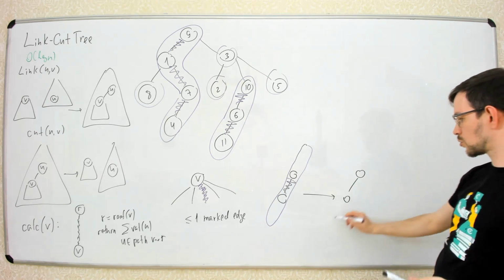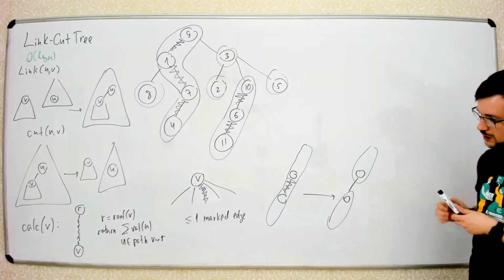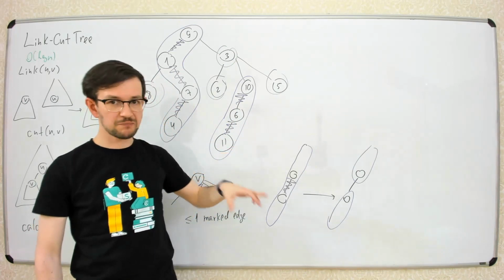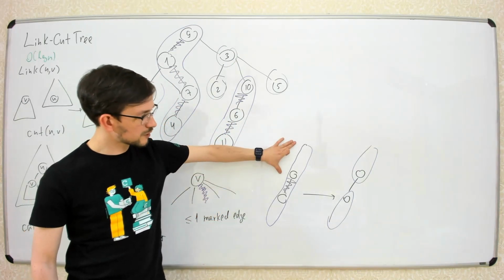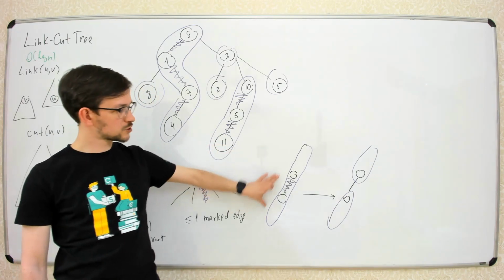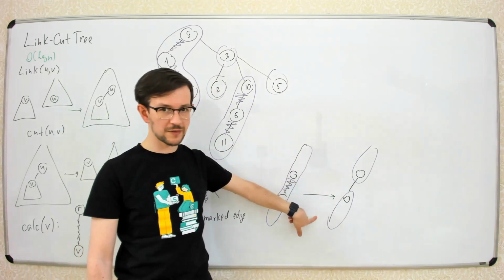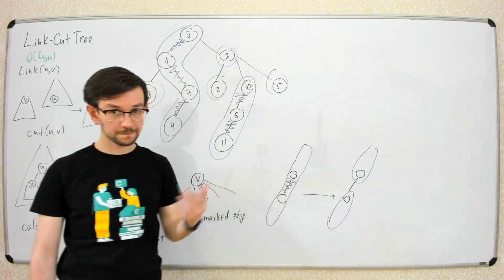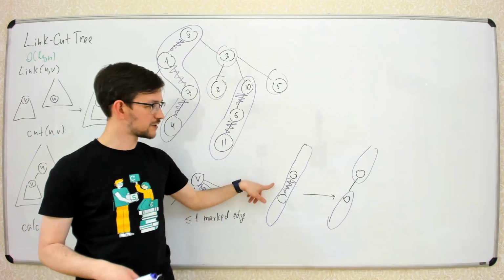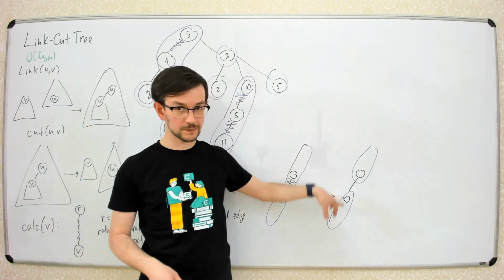Now this edge is not marked, so you have this part of your path and this part of your path. Simply, this path is split into two halves. Here you have one single path, but after you unmark this edge, you have two separate paths, the upper part and the bottom part. So it was marked, now it's unmarked, and the path containing this edge is now split into two parts.